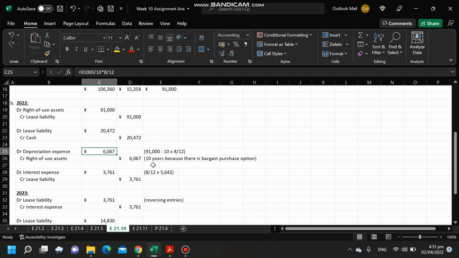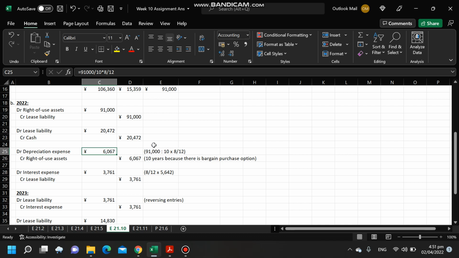That's why the depreciation expense is 6,067. Why do we use the useful life as 10? Because there is a bargain purchase option, it means that at the end of the lease, the lease asset will stay at the lessee's company. So it is as if the lessee has purchased the lease asset, and then the lessee will use the economic life of the asset instead of the lease term.